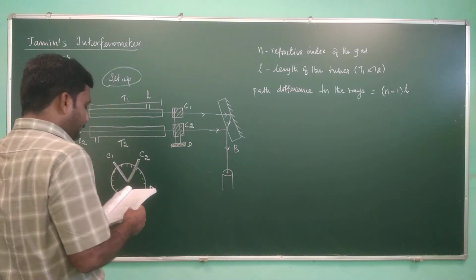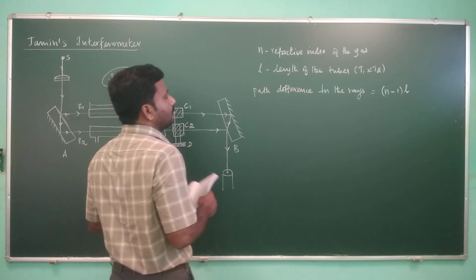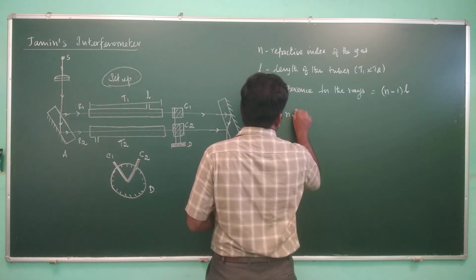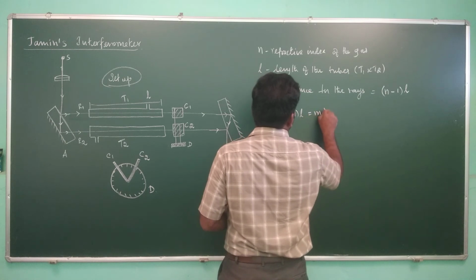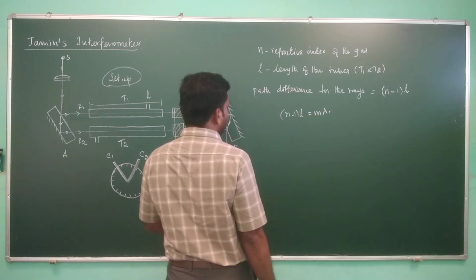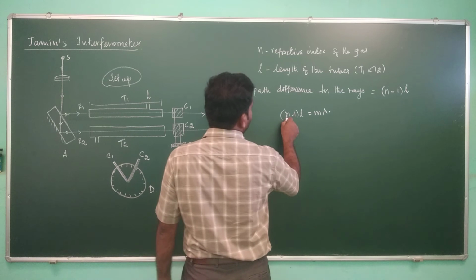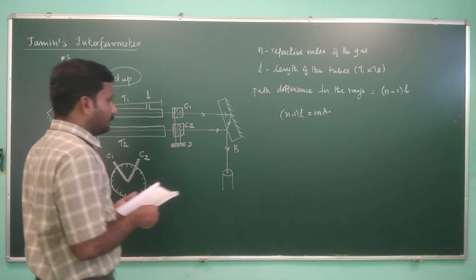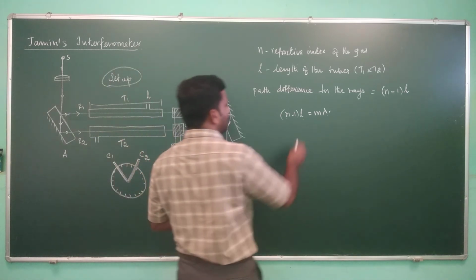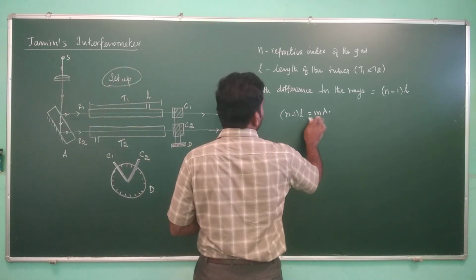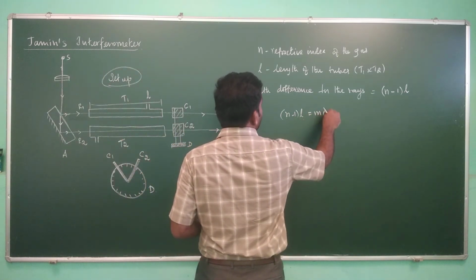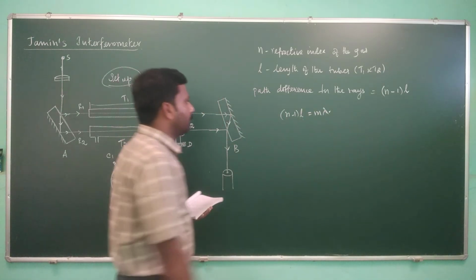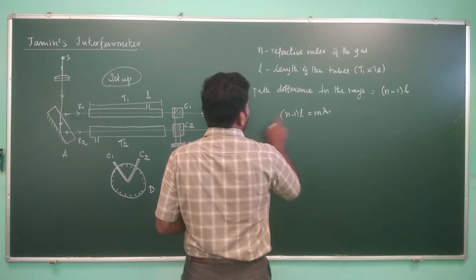Now for the bright fringe, we can write (n minus 1) L equal to m lambda. If you know L, m and lambda, where m is the mth fringe, lambda is the wavelength of the light source, and L is the length of the tube, then we can write the refractive index.